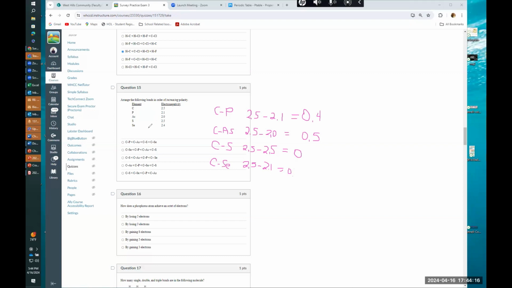Oh, not 2.5, it's 2.4, sorry, my bad. It's okay. Yeah, it's 0.1, right? Yep. So CS, CP, and CAs. I think it's the last one, right? Yep, that's right.